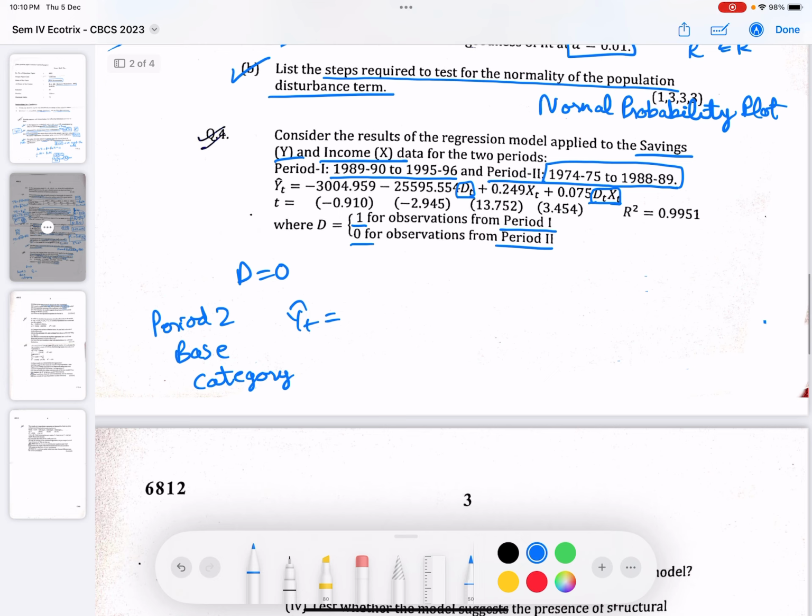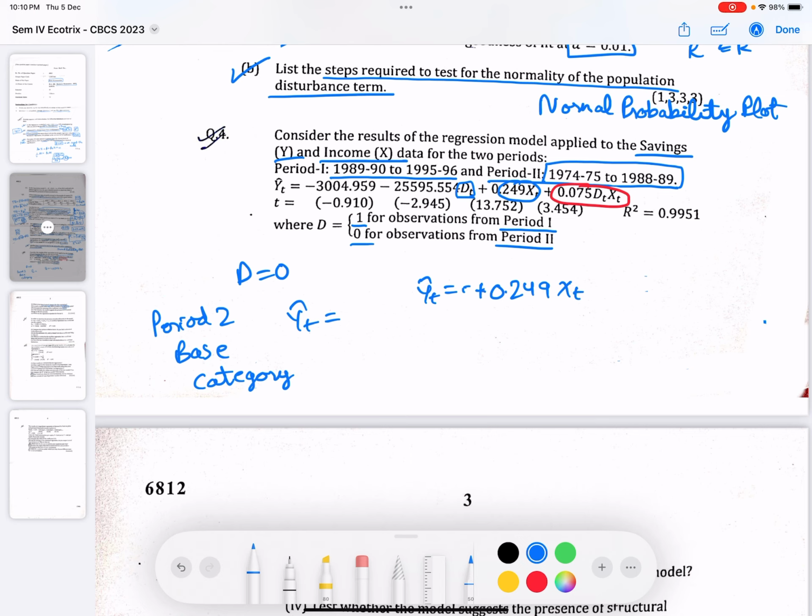Okay, so we are supposed to interpret the meaning of this intercept. So initially, the slope of the curve is 0.249, which means yt equals something plus 0.249 xt.